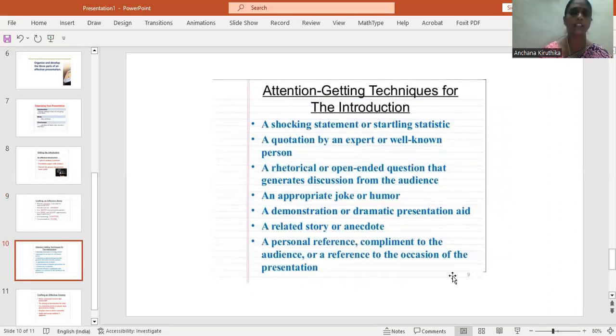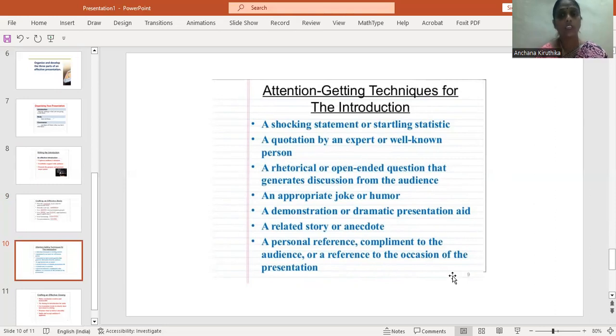Then you can use certain techniques in the introduction to get the attention of the audience. First, we can start with a shocking statement. We can ask a question, and we can quote an expert's quotation.